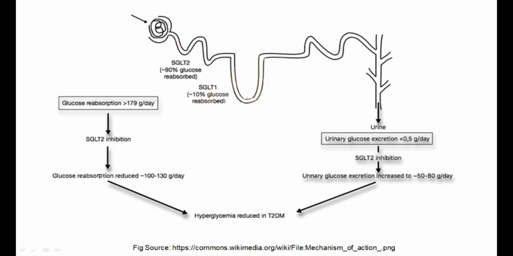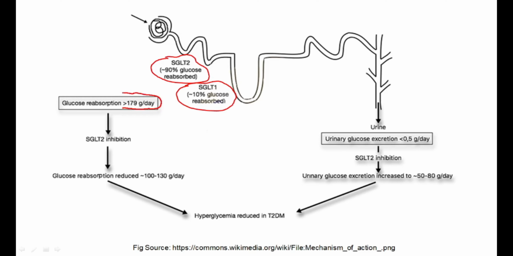Already we have told that SGLT2 is responsible for more than 90% of the glucose reabsorption, and less than 10% is reabsorbed through SGLT1. Daily glucose reabsorption is more than 179 gram.